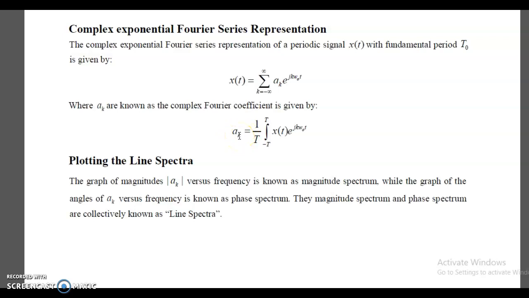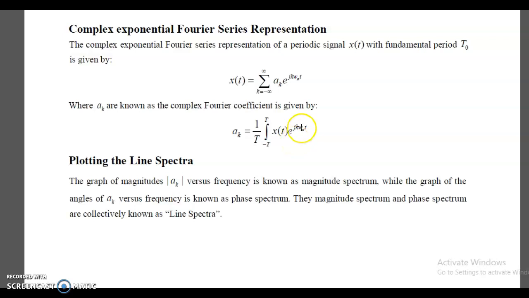So if we put k equals to 0 here, what we can see is this exponential term becomes 1, because the term in the exponent becomes 0 since k equals 0, and e raised to the power 0 turns out to be 1.